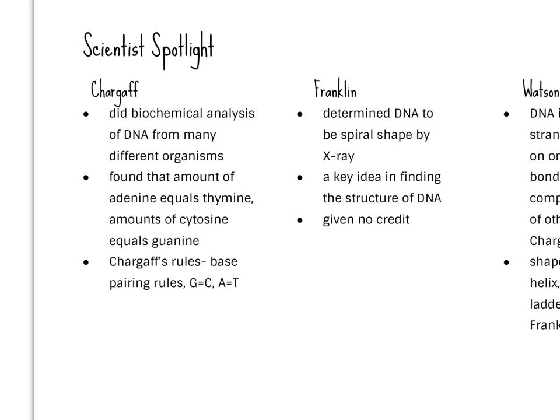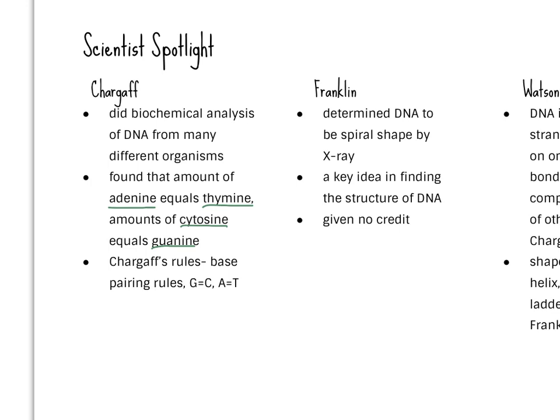He found that the amounts of adenine equal the amounts of thymine. So they knew what these structures were, and he realized, oh, hey, that's crazy. There are the same amount of adenines and the same amount of thymines. And then there are the same amounts of cytosine as there was guanine.